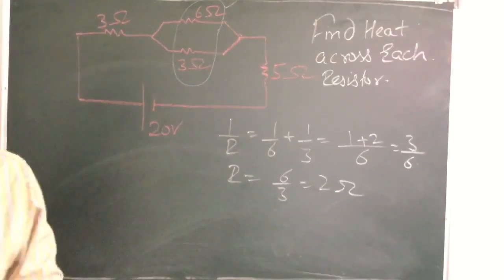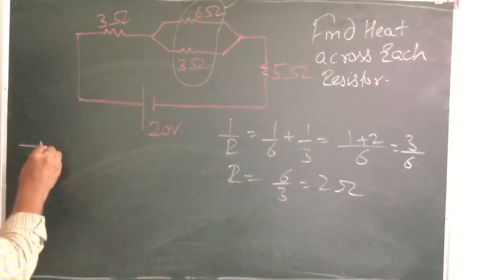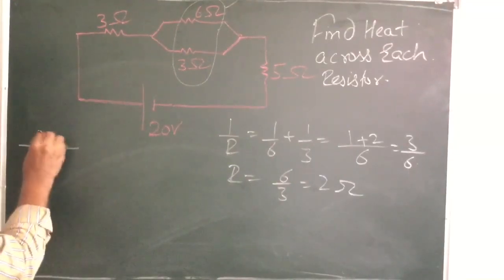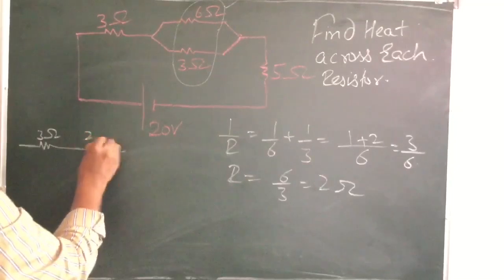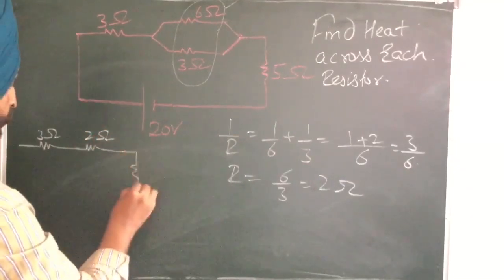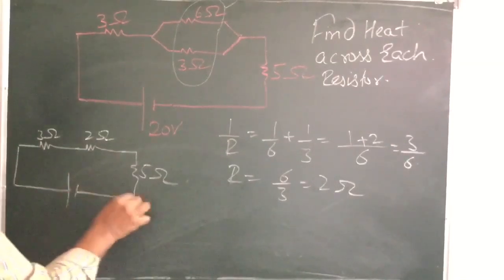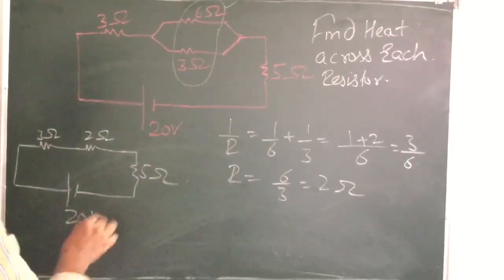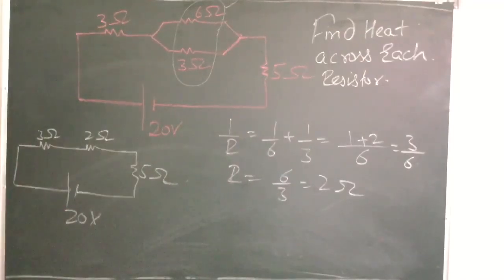I will be redrawing this circuit diagram. So our circuit diagram will now look like this. This is 2 ohm. Here you have a 5 ohm resistor, and then you have a battery of 20 volt.